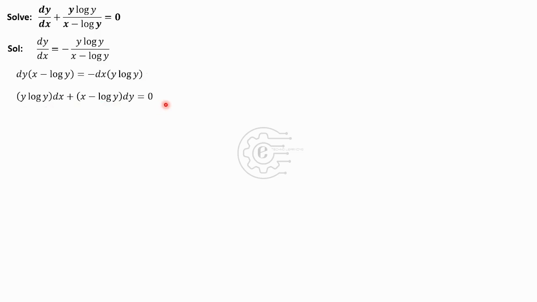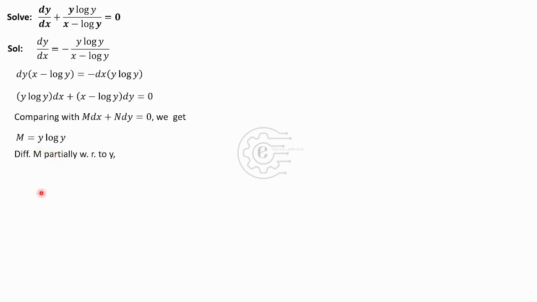Now we will compare this equation with equation m dx plus n dy. So on comparing we get value of m as m equal to y into log y. Now we will differentiate this equation partially with respect to y. This equation is a product of two functions y and log y.